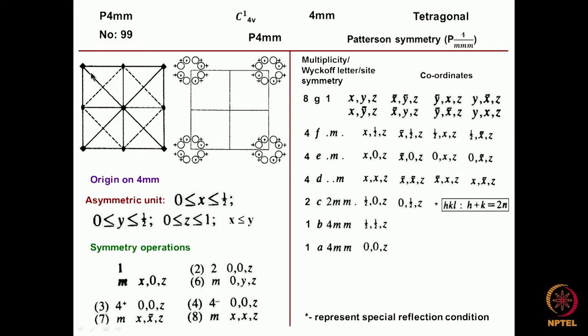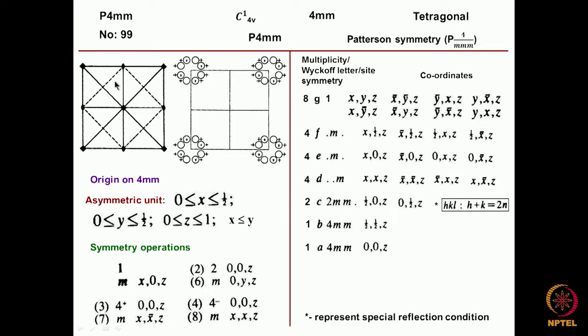Now, what is essentially important is that this is the origin. Around the origin, if I am putting a motif at a random position, what is the space within which I can move the position before crossing any symmetry operation? That is what the asymmetric unit represents. That is within this triangle. Anywhere I move within it, I will not cross a symmetry element.